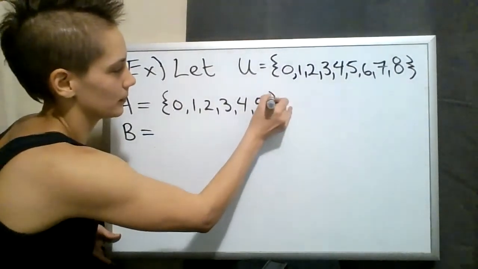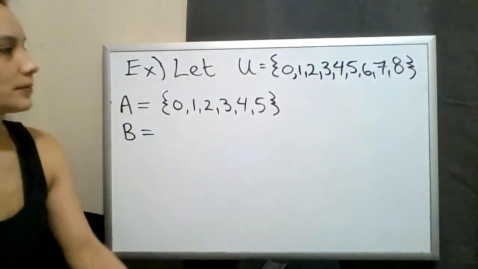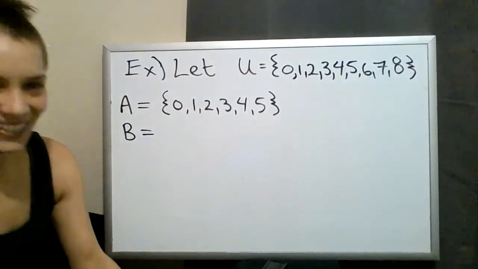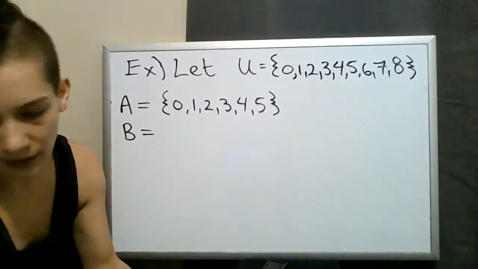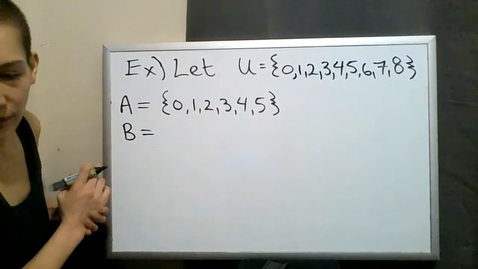Close your set. B is going to contain 0, 2, 4, 6, 8. So all the even numbers from the universe.